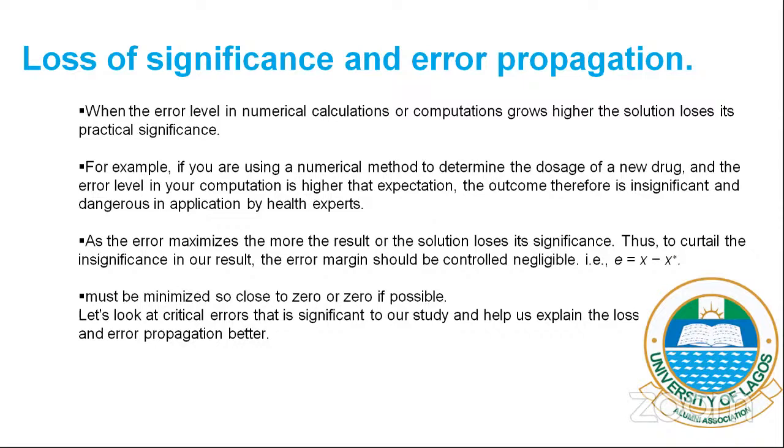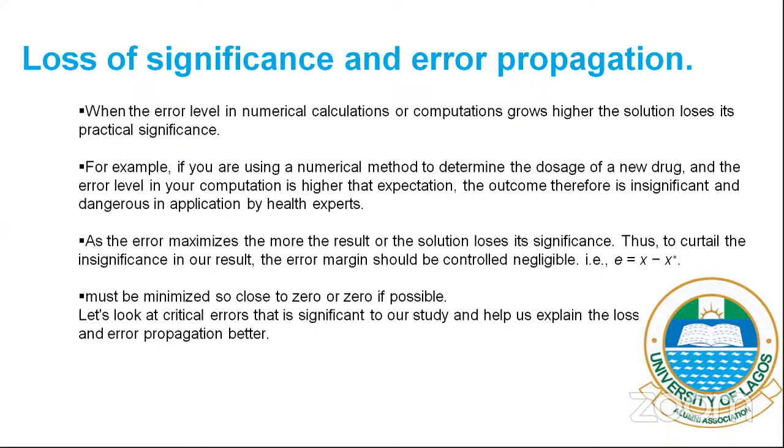So, loss of significance and error propagation. When the error level in numerical calculation or computation goes higher, the solution loses its practical significance. Just like what I said initially, if the error is too large, because we are trying to predict a phenomenon, we are trying to do a research to come up with near to reality solutions.